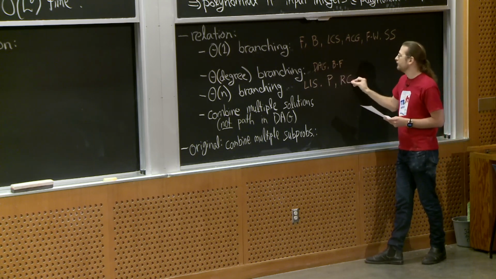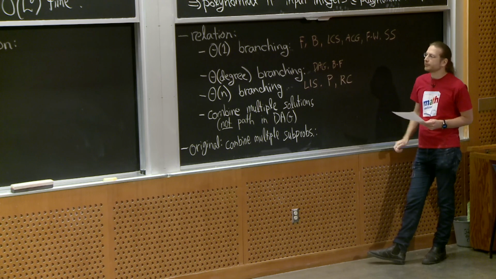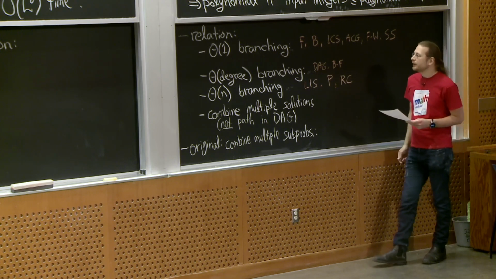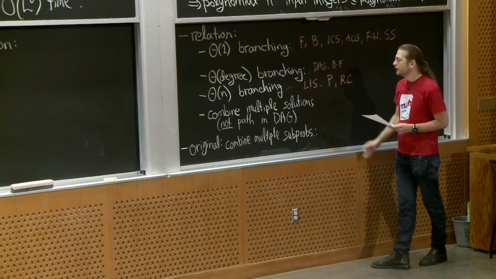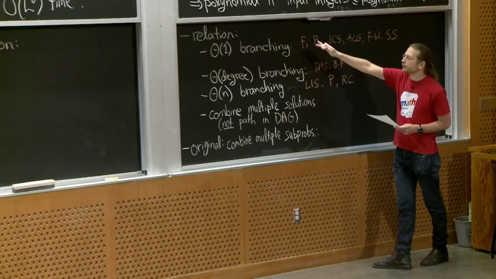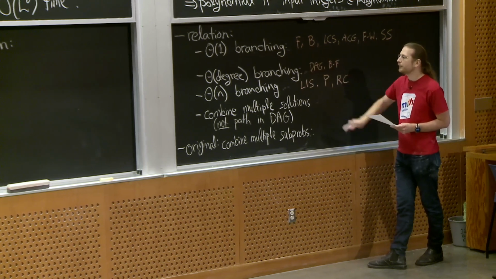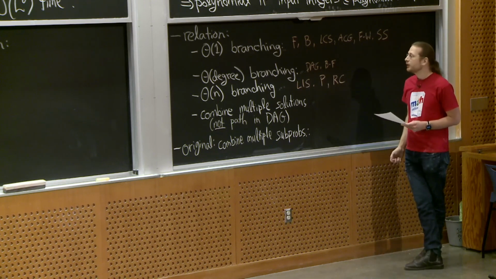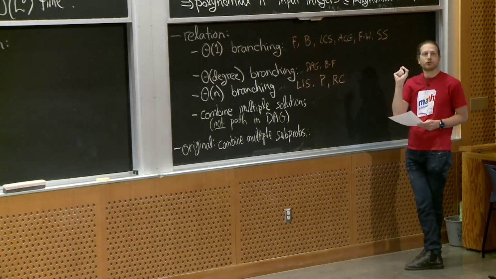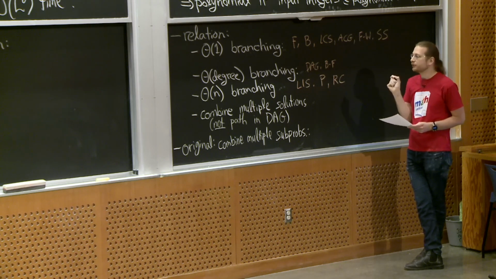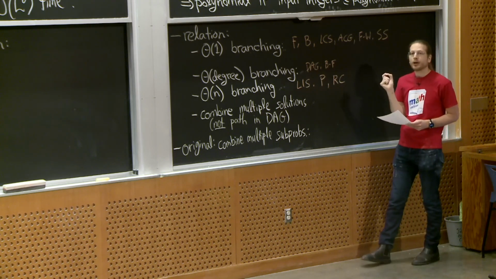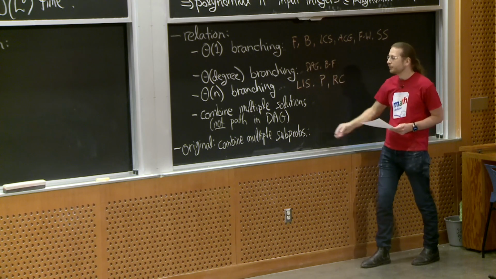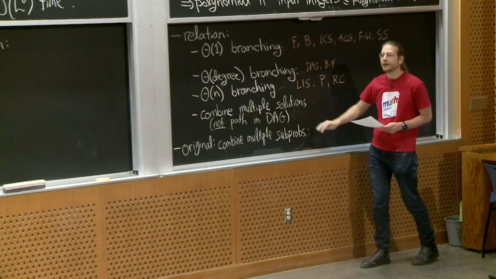And rod cutting that we saw today, the first cut could be any length. And then finally, once you've recursed on all these subproblems, you have to combine them somehow. And in a lot of the problems, we actually just take the one best choice, and that is our final solution. And in those problems, the final solution ends up being finding some kind of shortest path in a DAG.